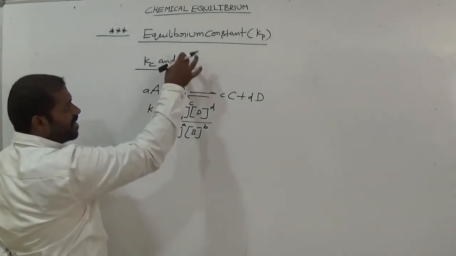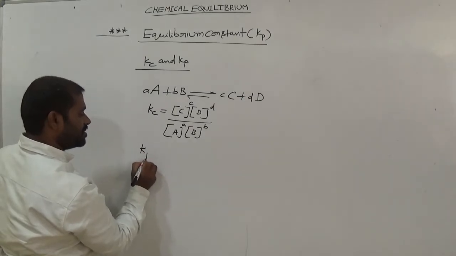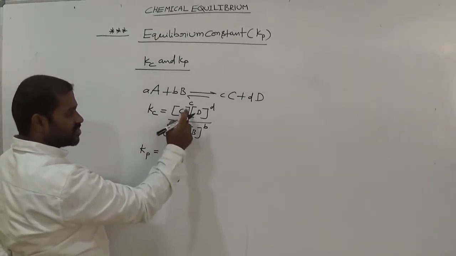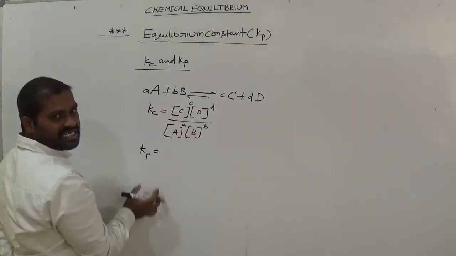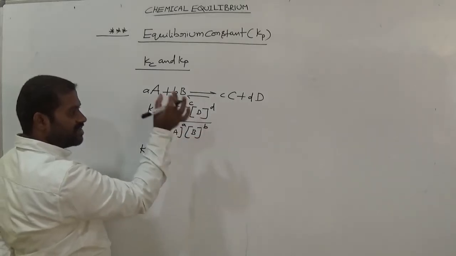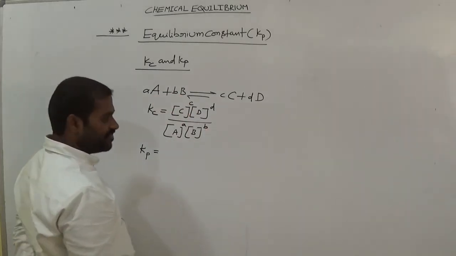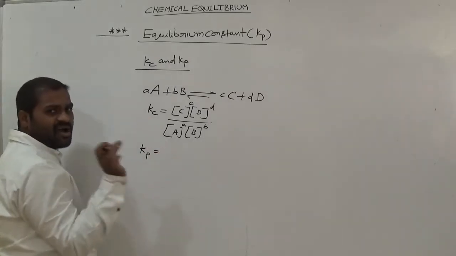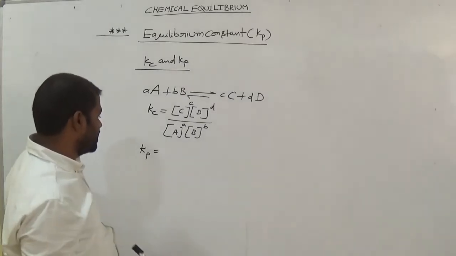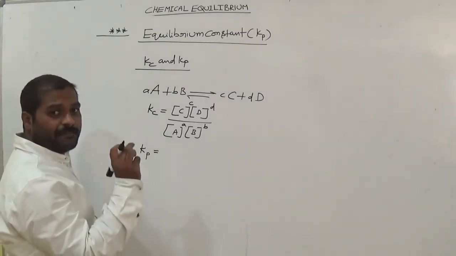Now what is the expression for Kp here? The square brackets mean molar concentration or active mass, as we already discussed. In Kc, C means concentration; remember it. In Kp, P means partial pressure.